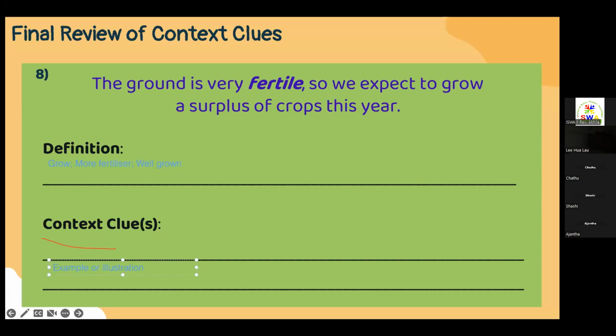They are trying to draw an example that the ground is very fertile, so there's a possibility that the ground can produce an abundant supply of crops. So it's an example or illustration. Okay.